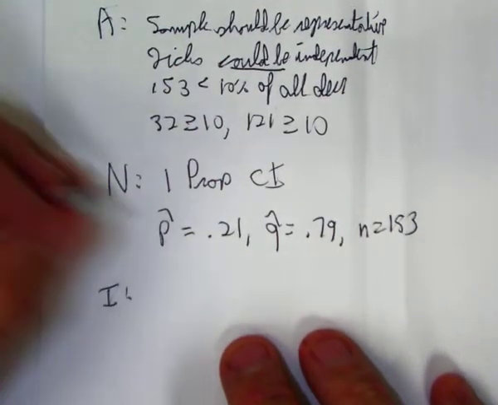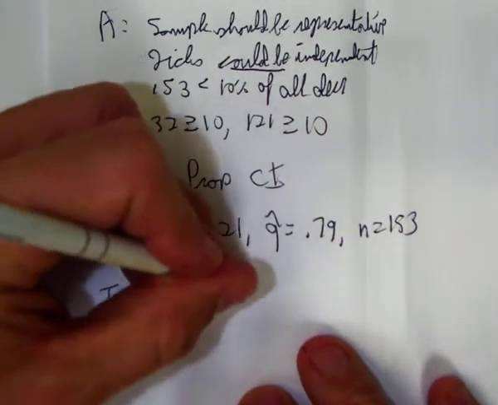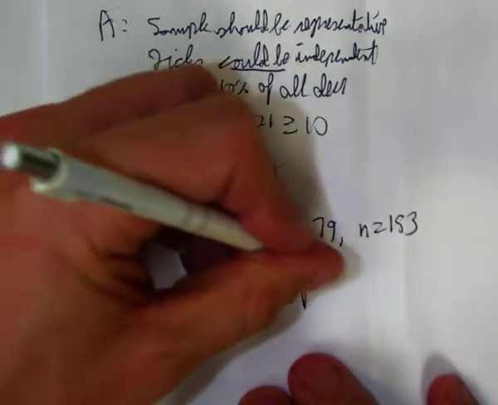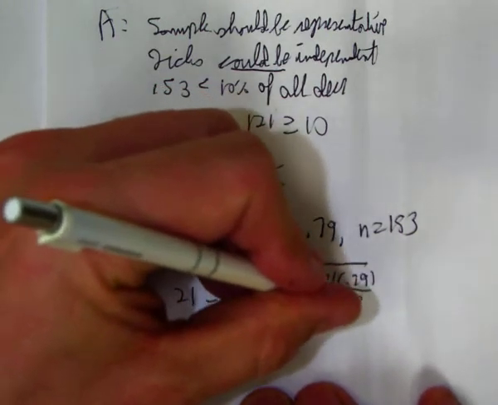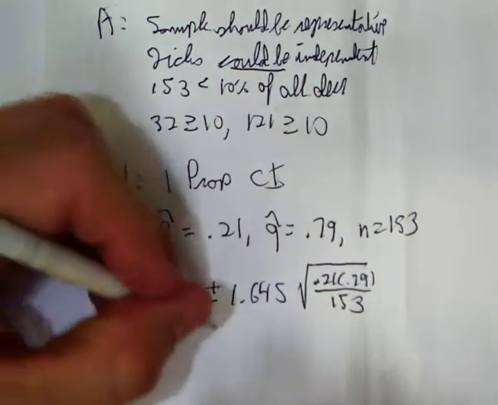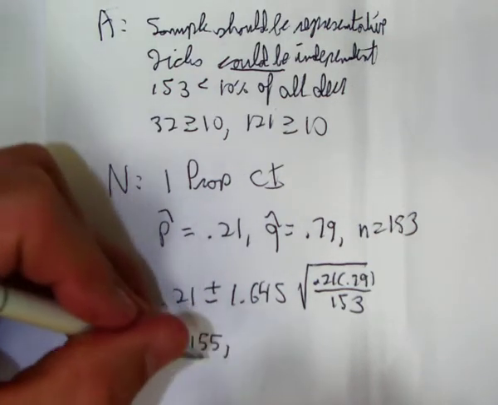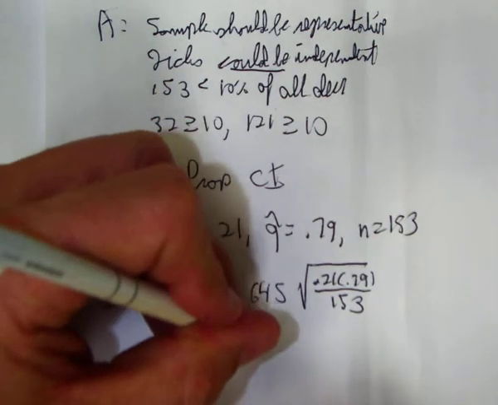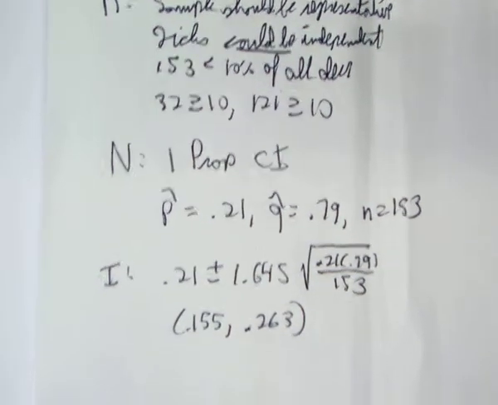The interval itself: P hat, 0.21, plus or minus, we're doing a 90% confidence interval, square root of P hat, Q hat over N. When we do the interval, we get about 0.155 to 0.263. We do it in our calculator at that point.